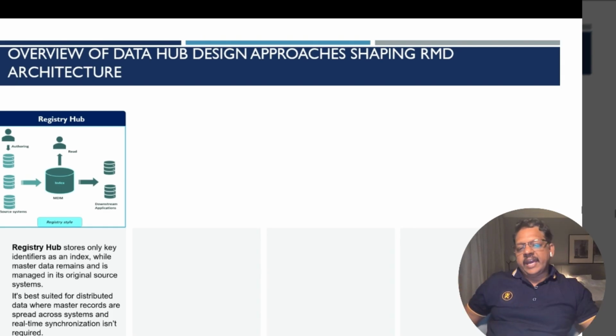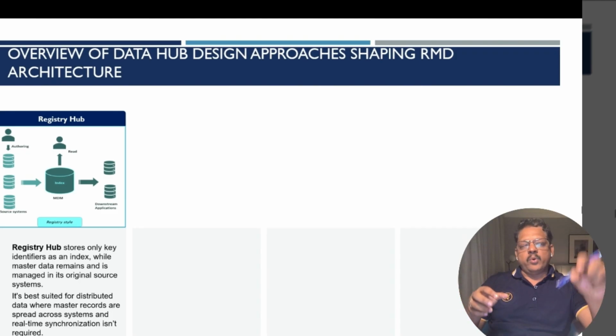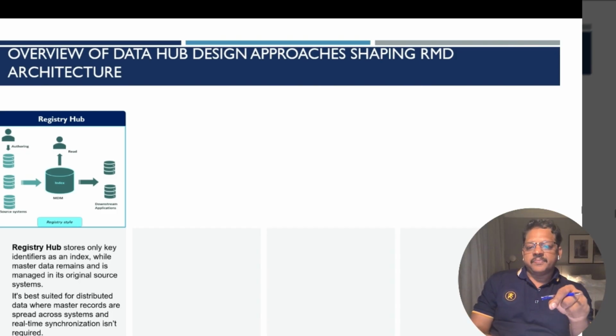So we have the data physically stored in their databases, but when you want to build a master data hub, this is one of the architectures where we just point to those physical databases using an index, but we are not bringing the data into any central repository.